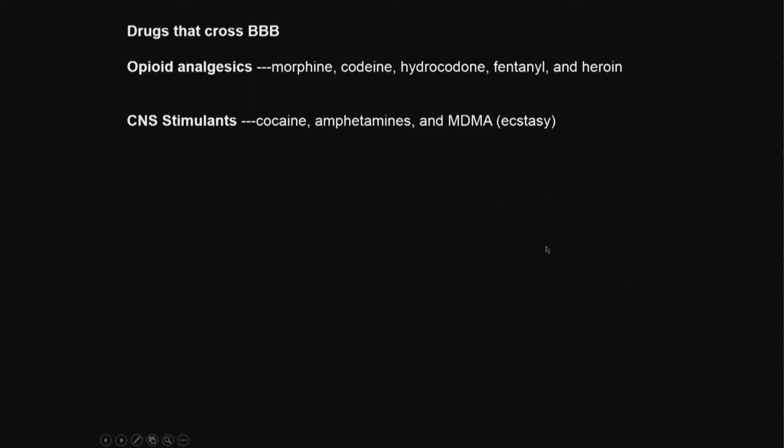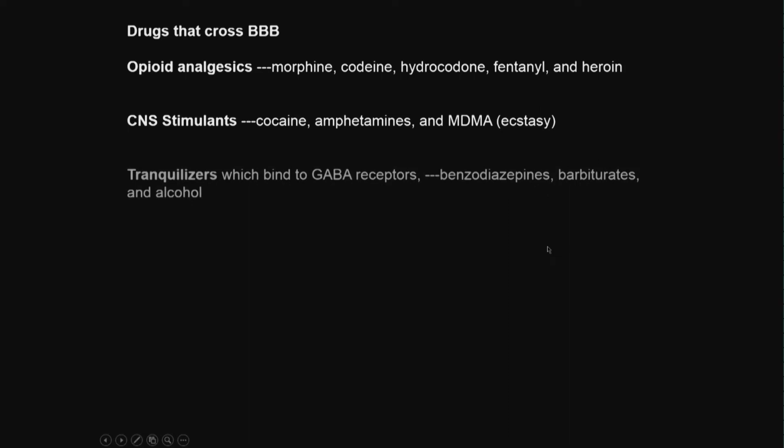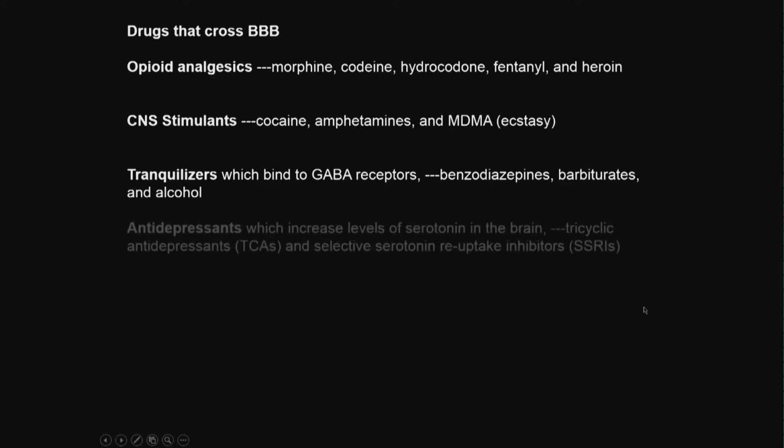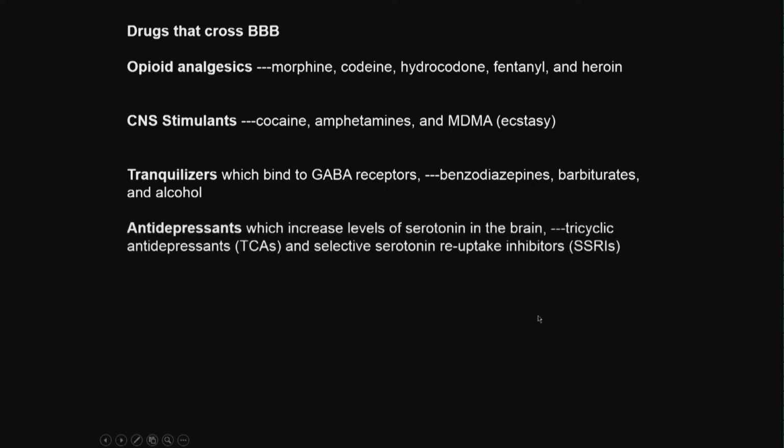These are all drugs, and then tranquilizers which bind to the GABA receptors, like benzodiazepines, barbiturates, alcohol, they all cross the BBB. Antidepressants, which increase levels of serotonin in the brain, tricyclic antidepressants and selective serotonin reuptake inhibitors, they all cross the BBB.